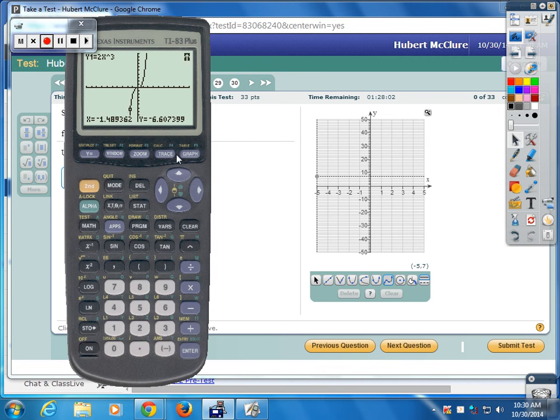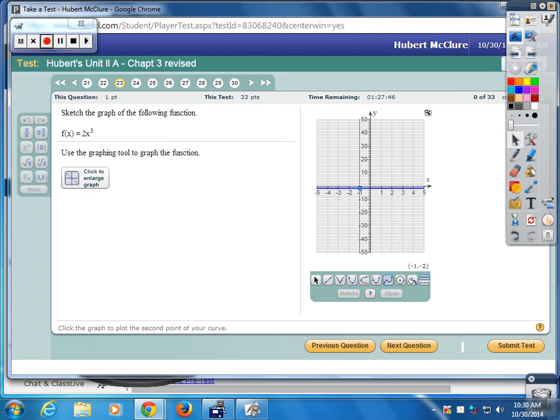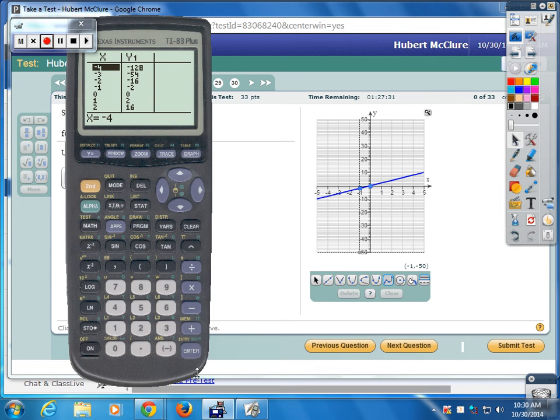Yeah, table. Okay, there we go. Negative 1 and negative 2. And what was the other one? 0, 0. And 1, 2.